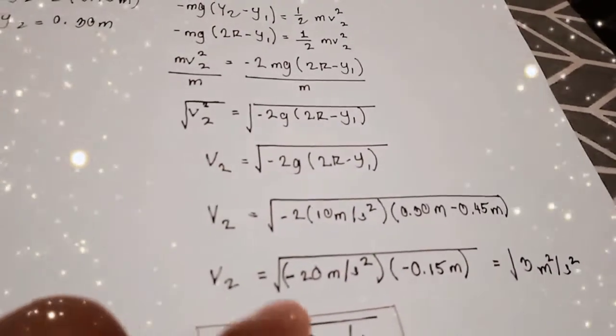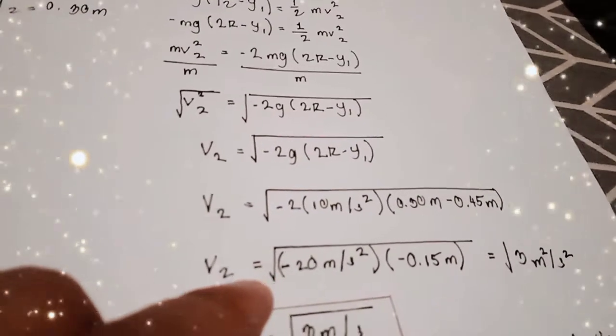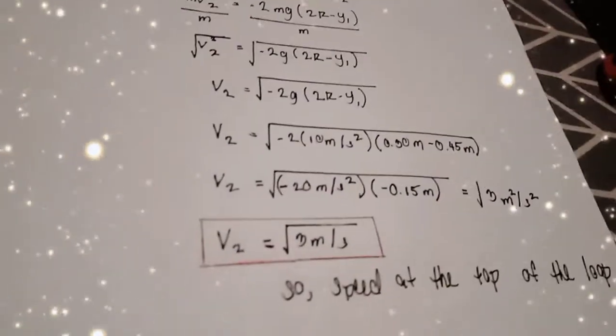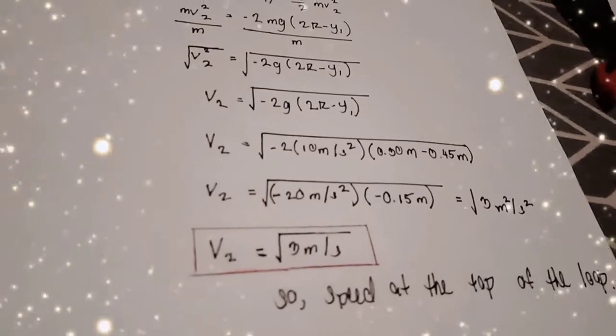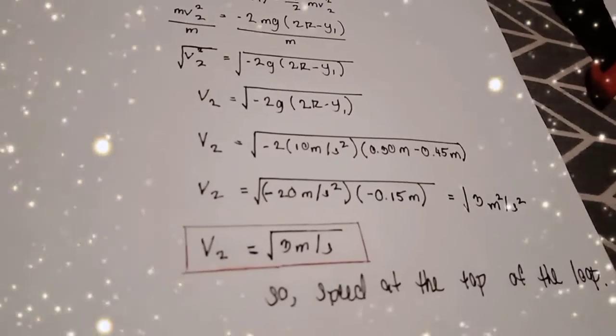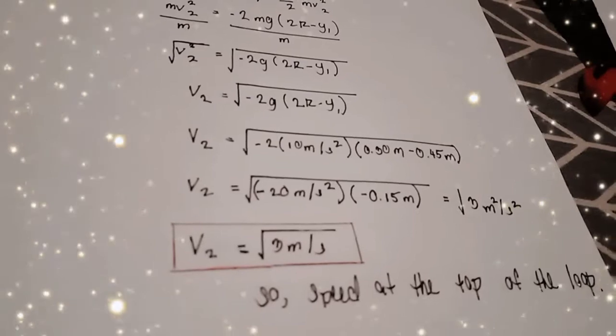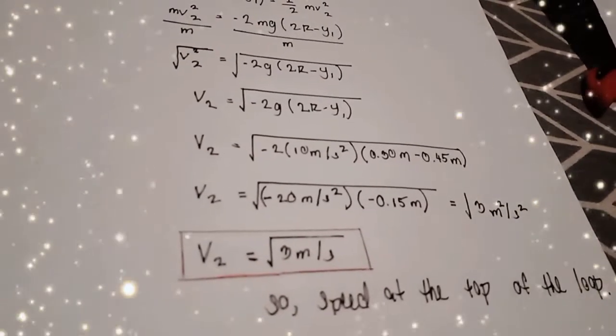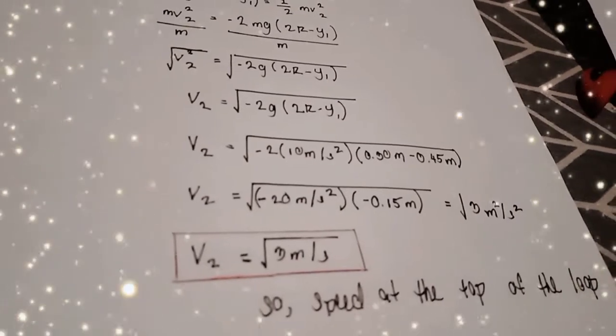So v sub 2 square is equal to negative 20 meters per second square. Multiply the 2: negative 2 times 10 is negative 20 meters per second square.